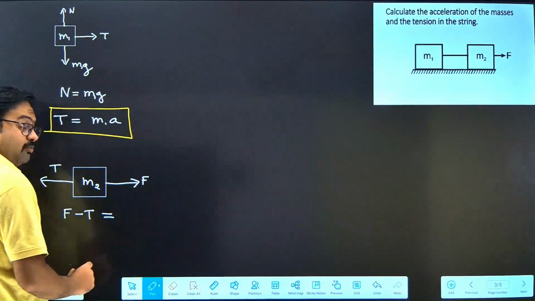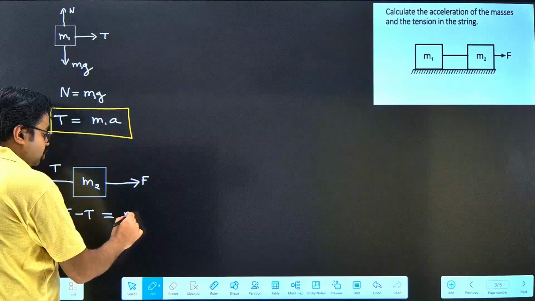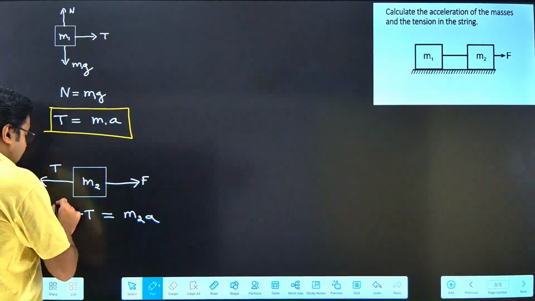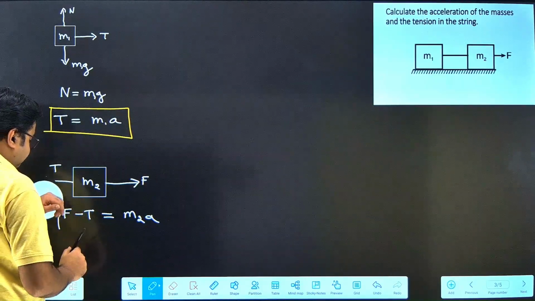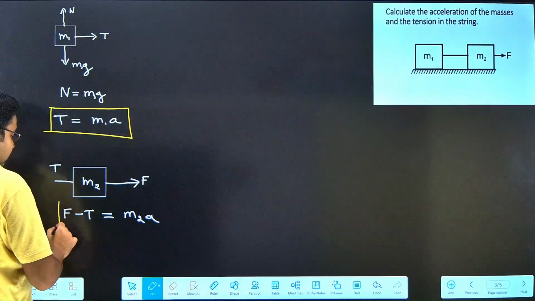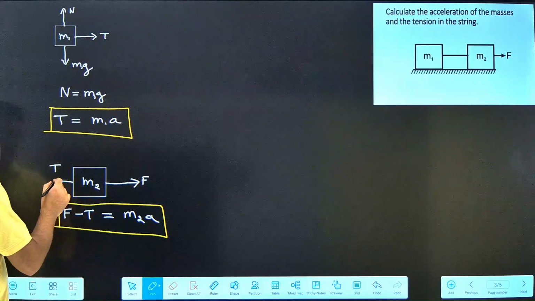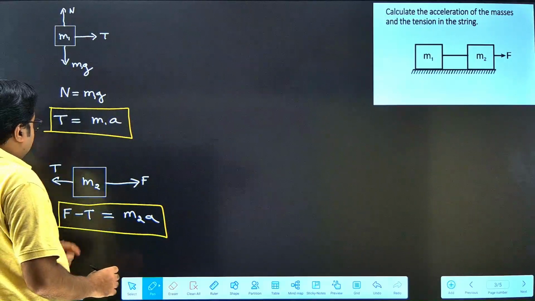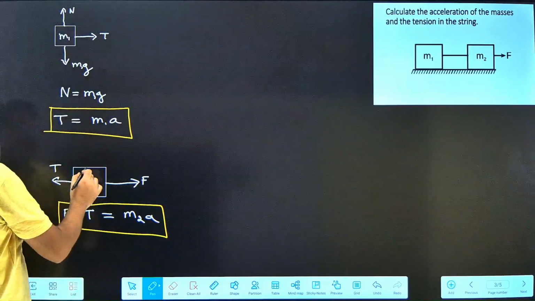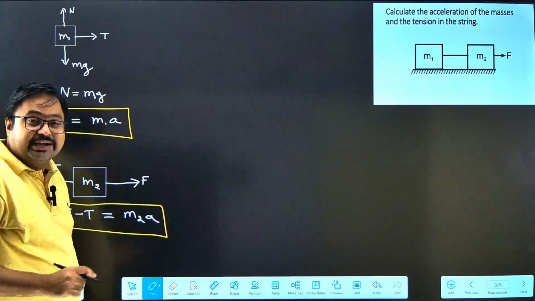That is equal to m2 into a. This is the equation that is Newton's second law for m2, right? That's Newton's second law for m2. You can ask me, sir, why did you write the normal reaction and the weight in the second case?